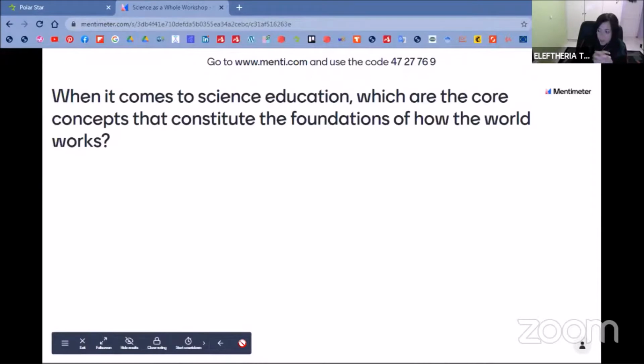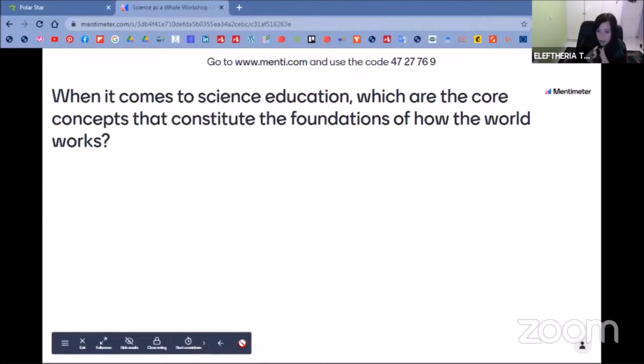When it comes to science education, which do you think are the actual core concepts that constitute the foundations of how the world works? What are the really, really important things that you think students should always remember after they leave school?